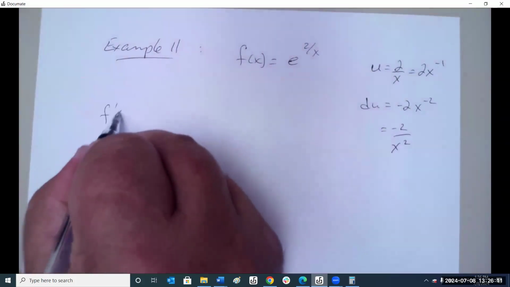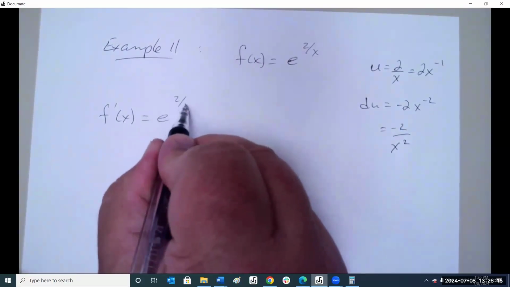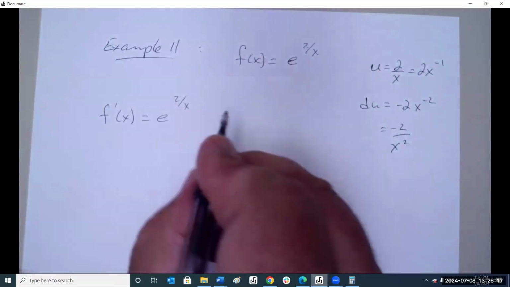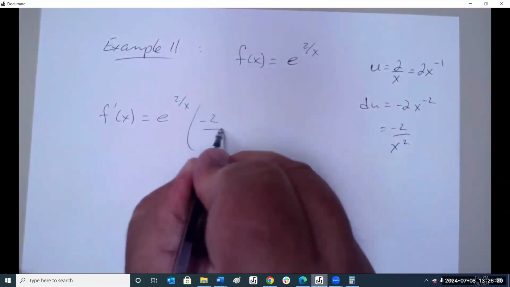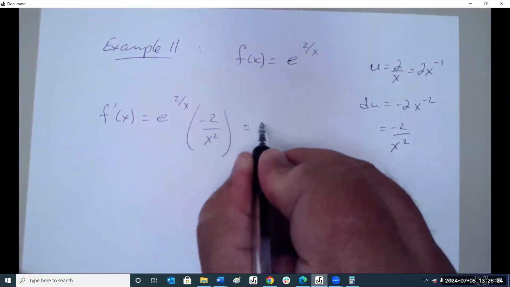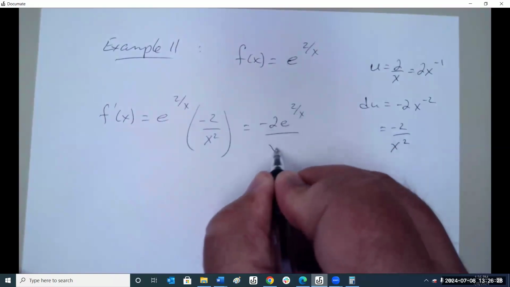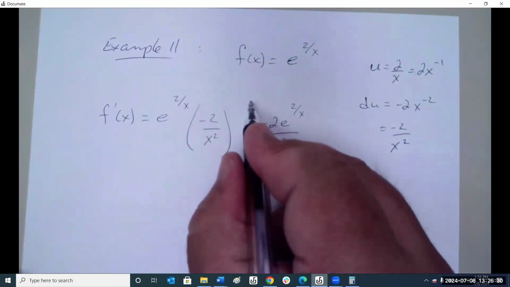The first derivative is e to the u times du, which is -2 over x squared. -2e to the 2 over x, over x squared. That's my first derivative.